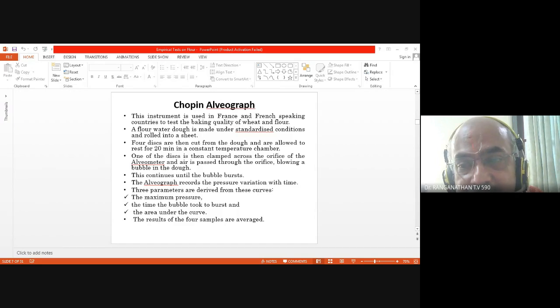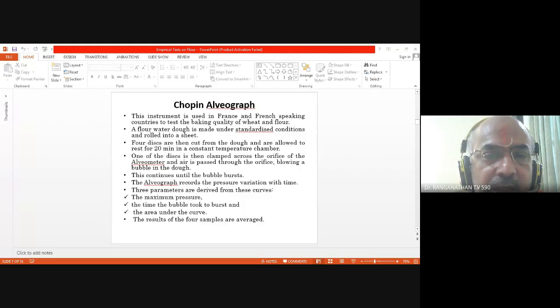So the maximum air pressure that can be withstood by the dough is noted, and this is an indicator of how far the bread dough can stretch.